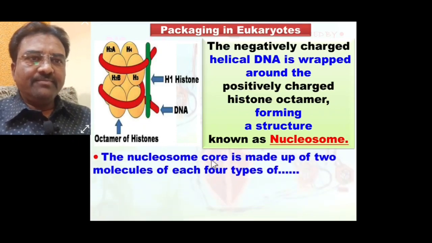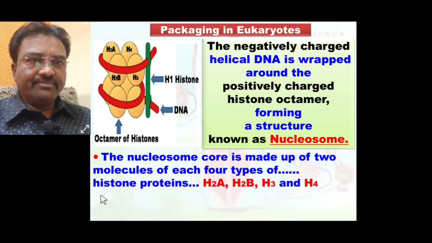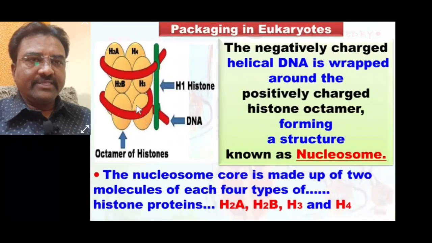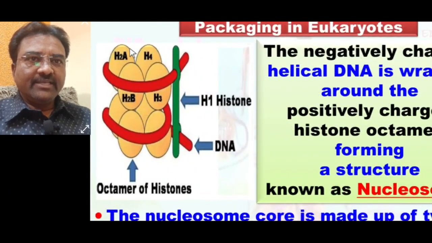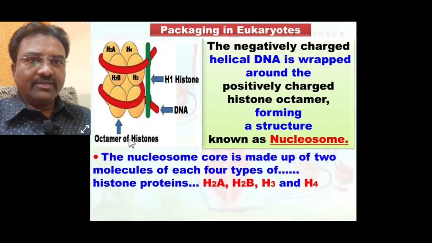The nucleosome core is made up of two molecules of each of four types of histone proteins: H2A, H2B, H3 and H4. Each one is a pair, so in total 8 histone molecules.